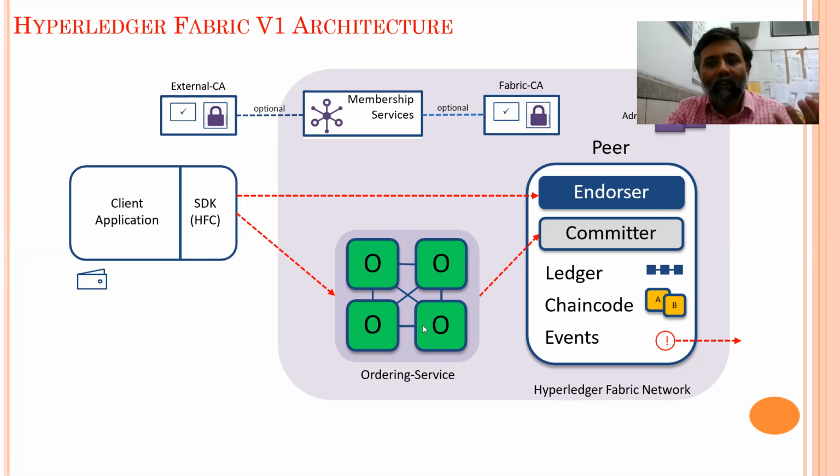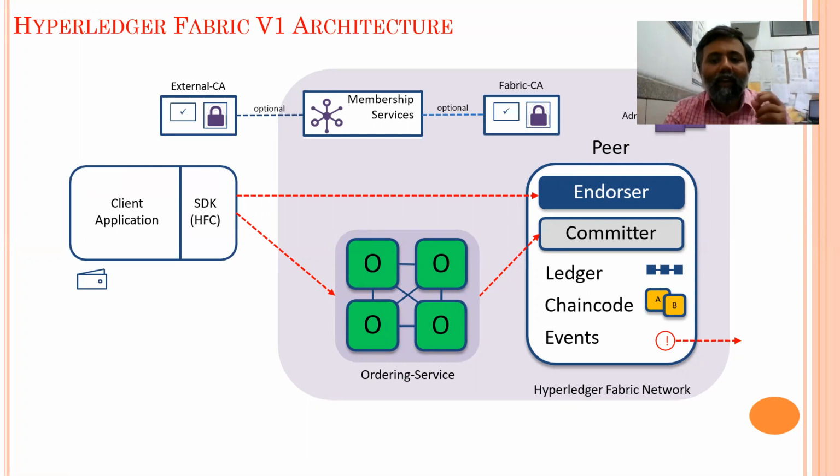I will talk about this ordering service later. They may participate only as an endorser, only as a committer, or as both endorser and committer. So these are the possibilities.